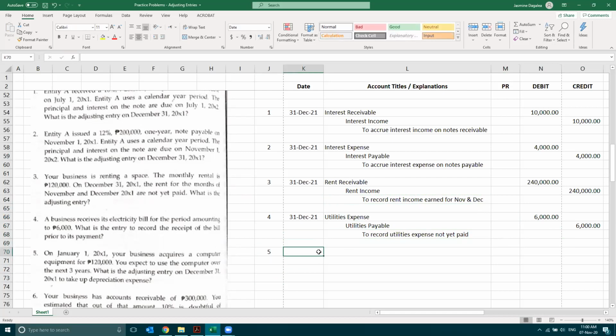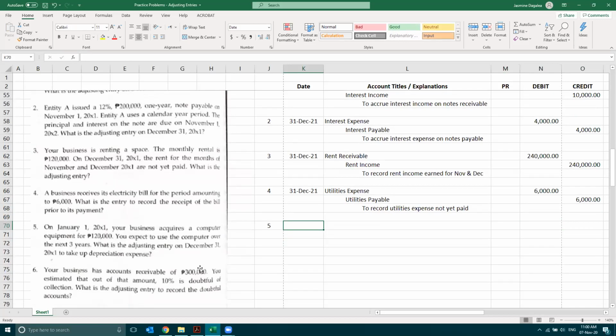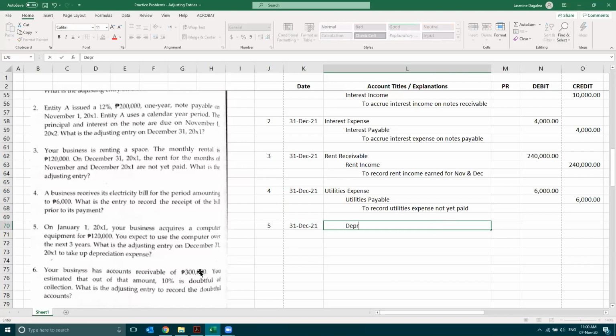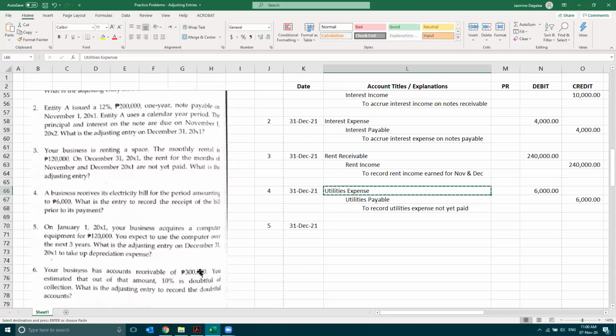Number 5 naman tayo. On January 1, your business acquires a computer equipment for 120,000. You expect to use the computer over the next 3 years. What is the adjusting entry on December 31 to take up depreciation expense? Debit depreciation expense.